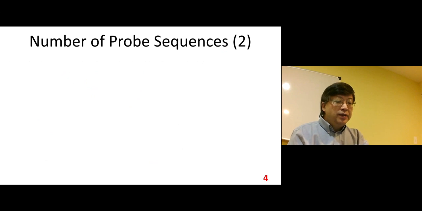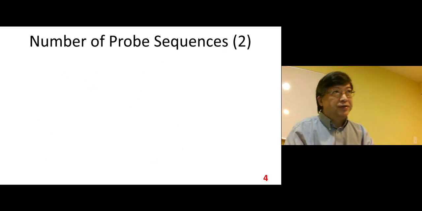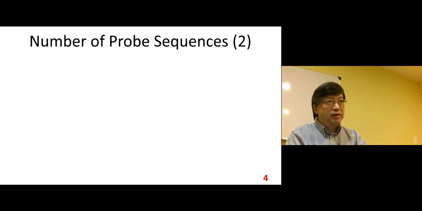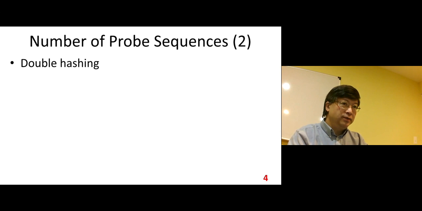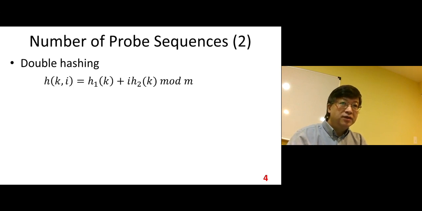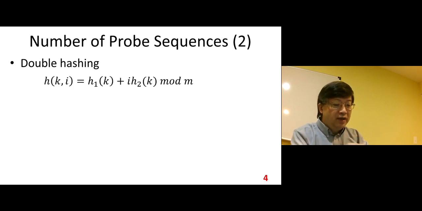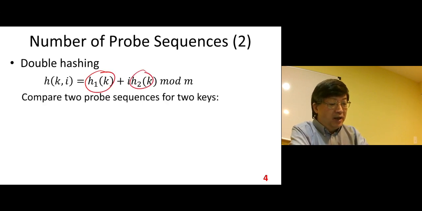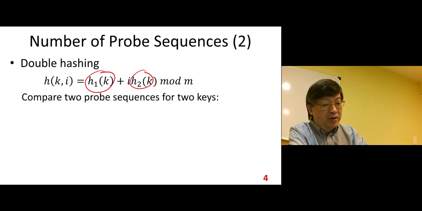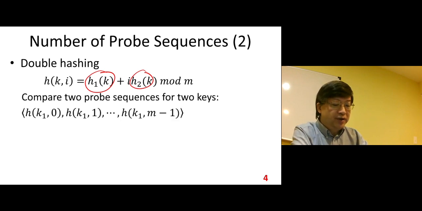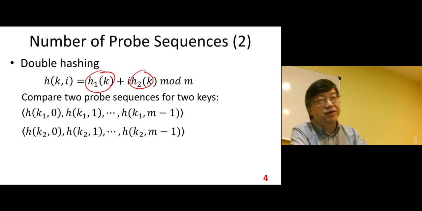So let's look at the double hashing case. Do we have more probe sequences? This time we have these two hash functions. Then let us compare two probe sequences for two different keys.